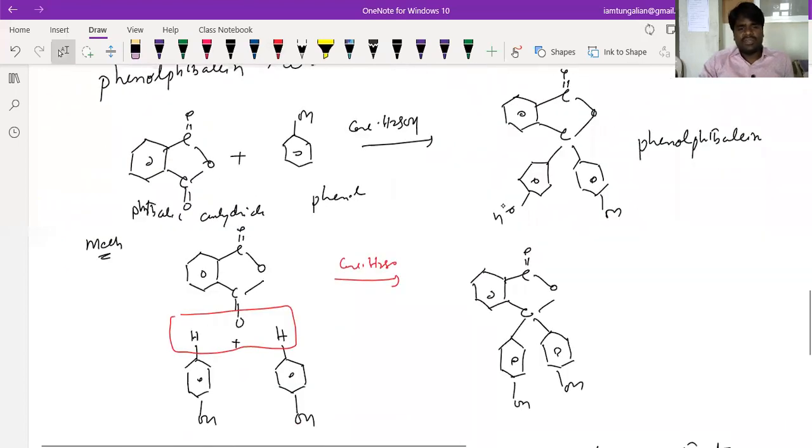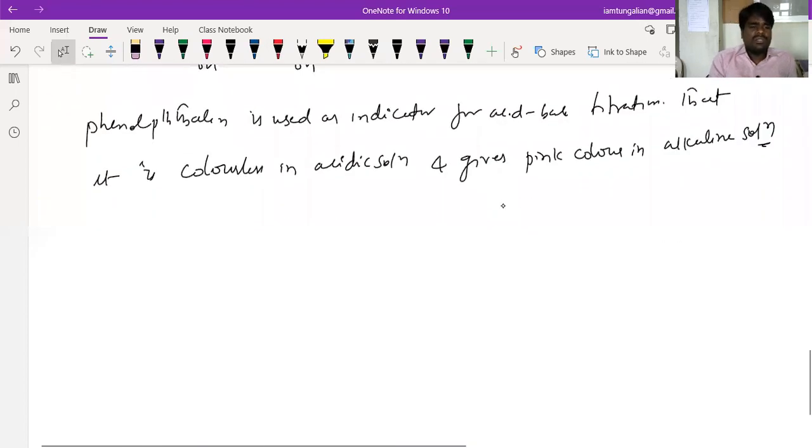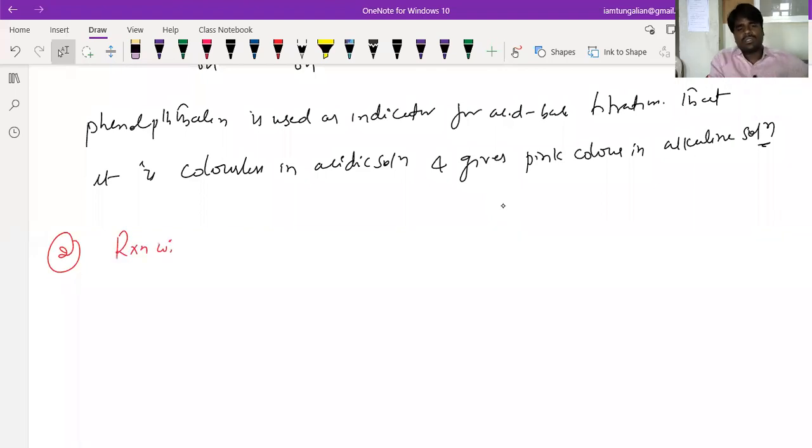In a similar manner, another reaction is the reaction with benzene diazonium chloride. This is also a sort of coupling reaction.